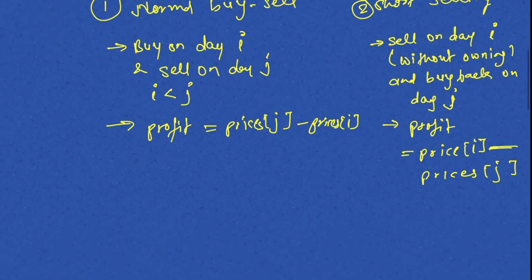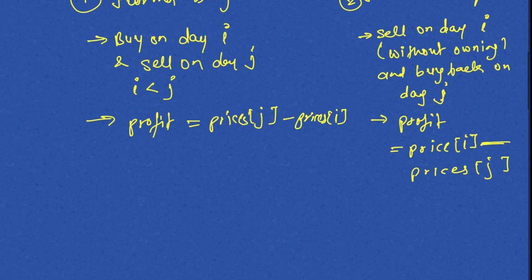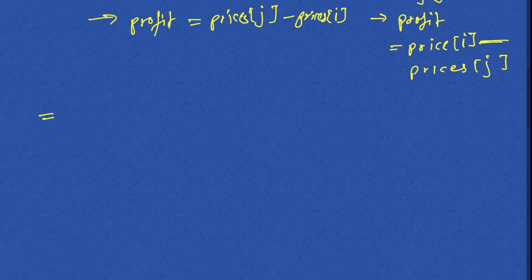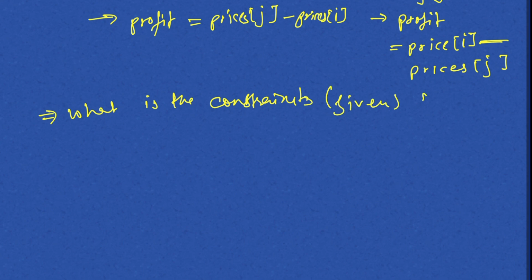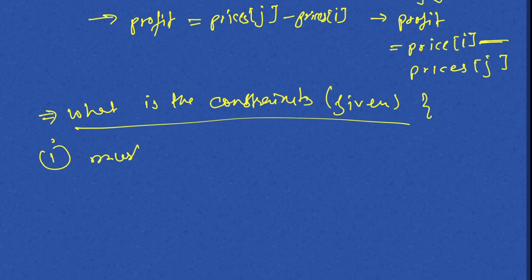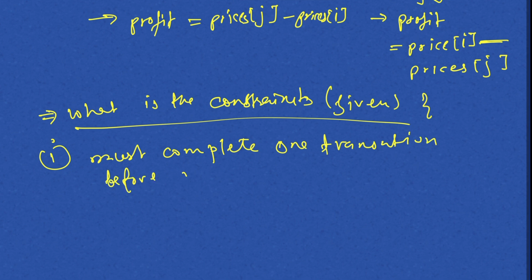Now think about what you cannot do, meaning what the constraints given are. Very first, it says you must complete one transaction before starting another.